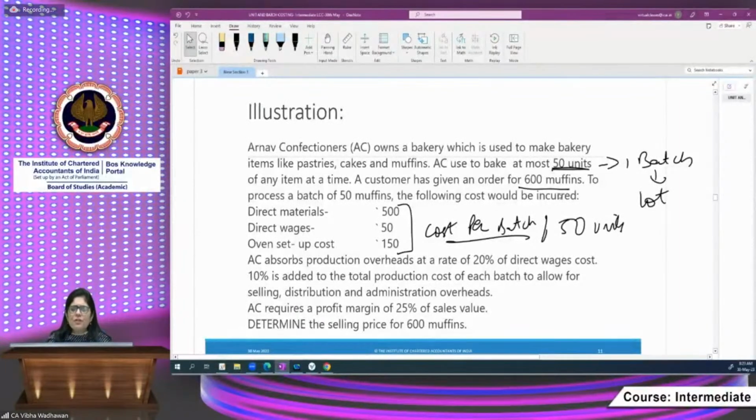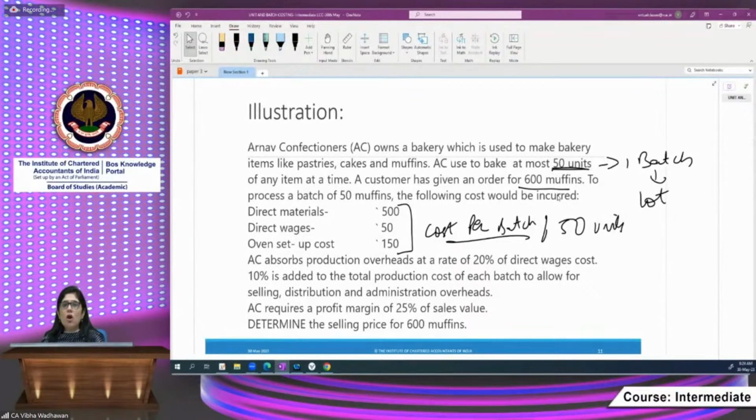And you have got an order for 600 muffins. So how many batches do you have to make? Can you tell me? If in one batch you can produce 50 units maximum, that means in one lot, a maximum of 50 muffins can be produced. And you have got the order for 600 muffins. So how many batches, how many lots, do you have to run?